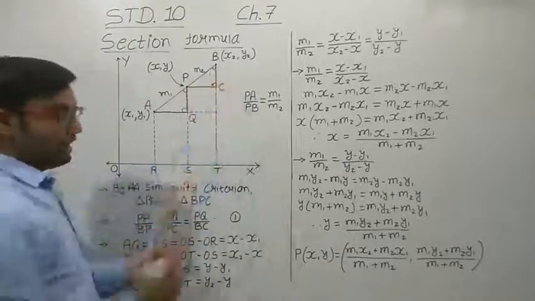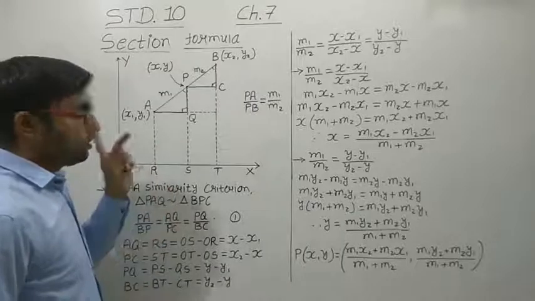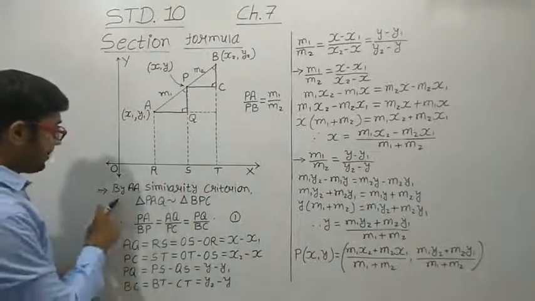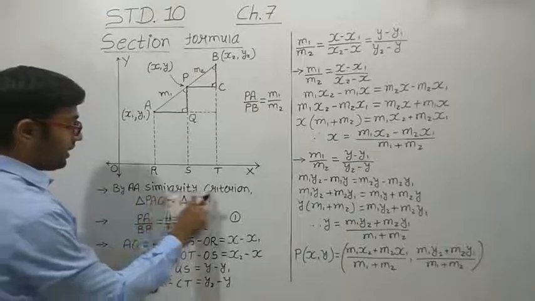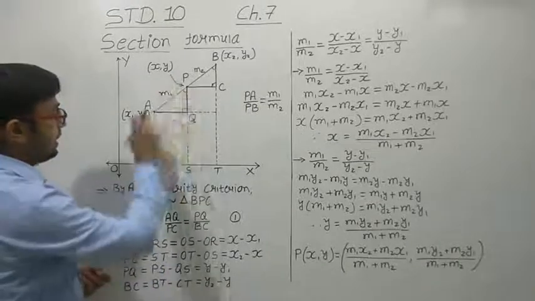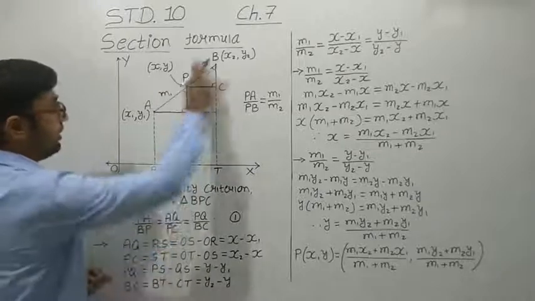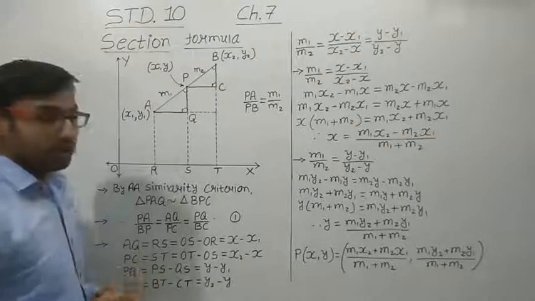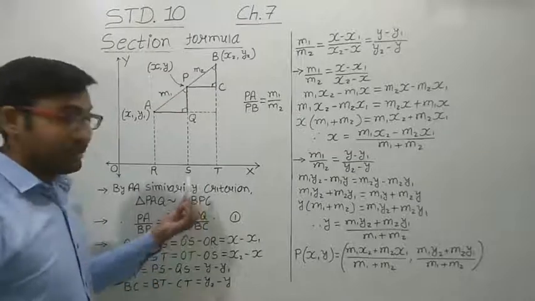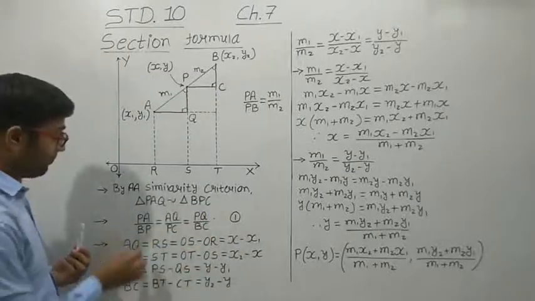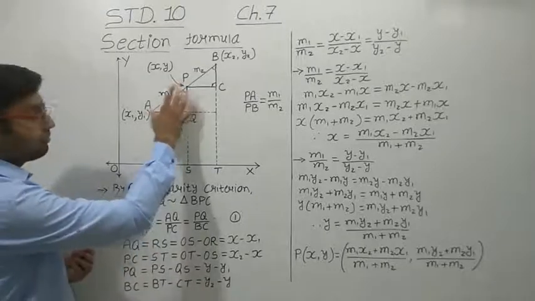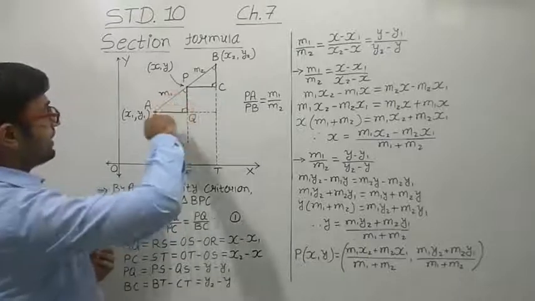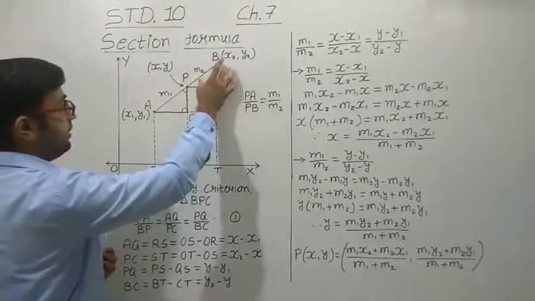So when in two triangles, two angles are equal, then we can say that by angle similarity criteria, triangle PAQ is similar to triangle BPC. And according to this similarity criteria, now we can write down that PA, the corresponding side of triangle PAQ, we have to take the same corresponding side in triangle BPC.